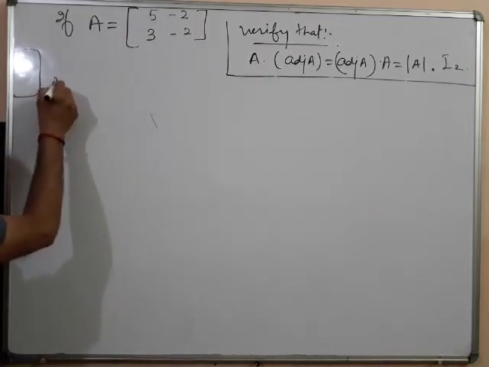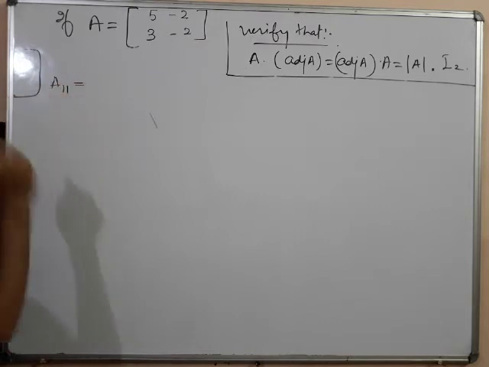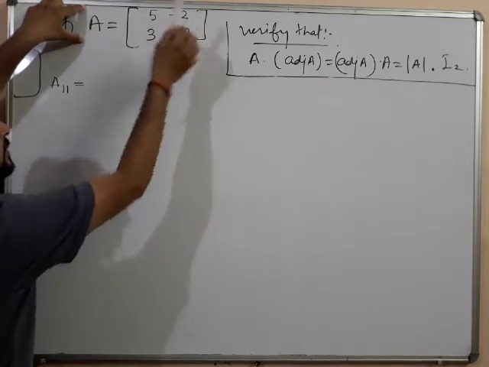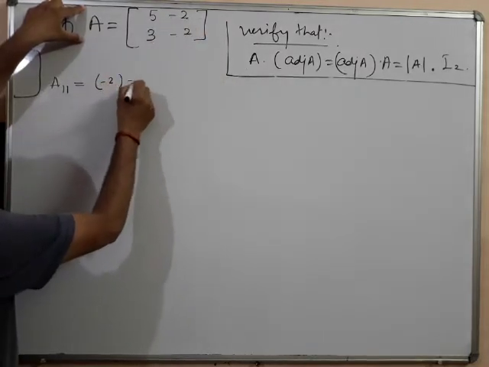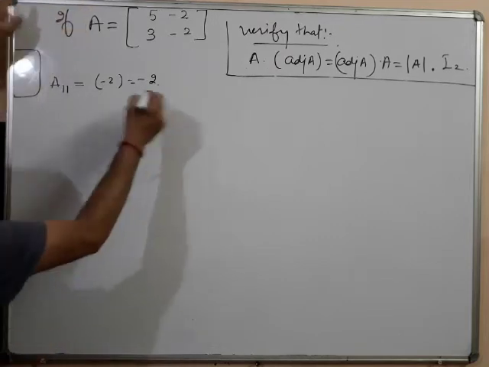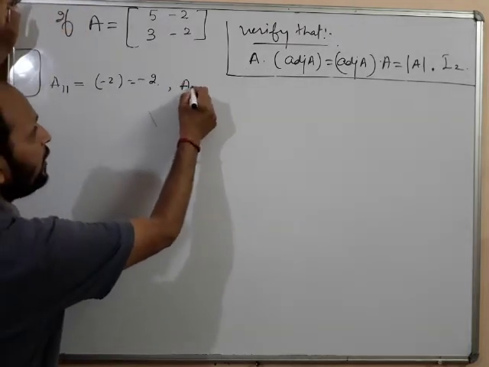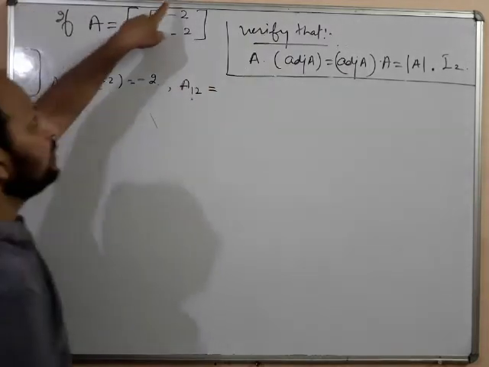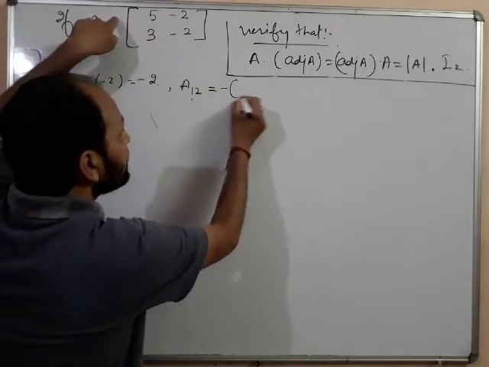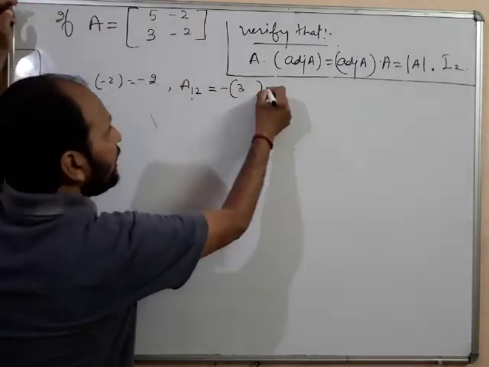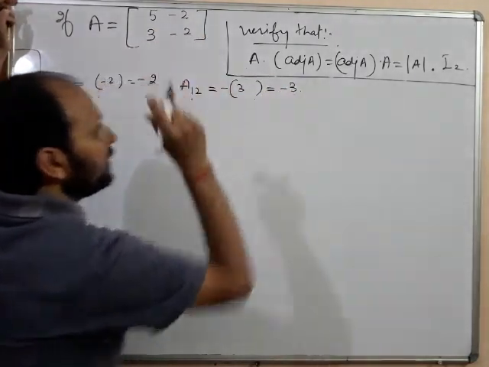Now A11, that will be this and this, minus 2, equal to minus 2. A12 is equal to minus this and this, that will be 3, and equal to minus 3.